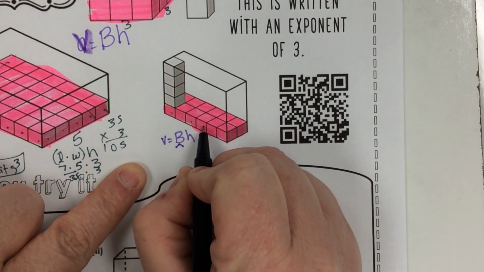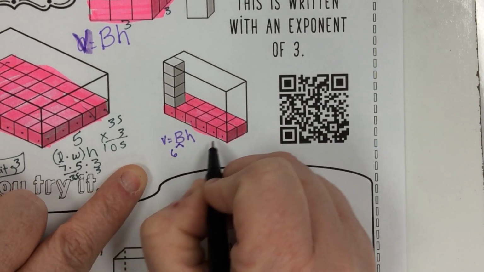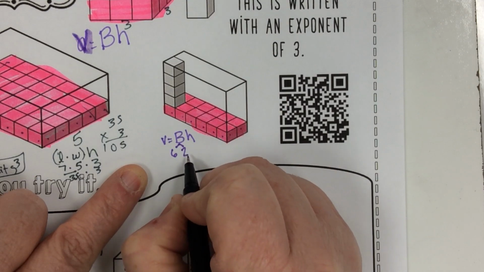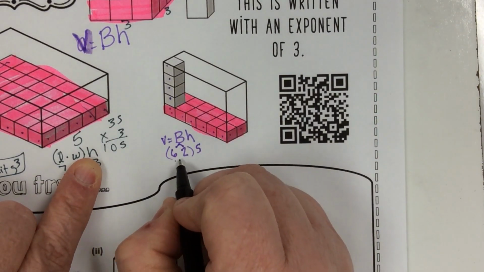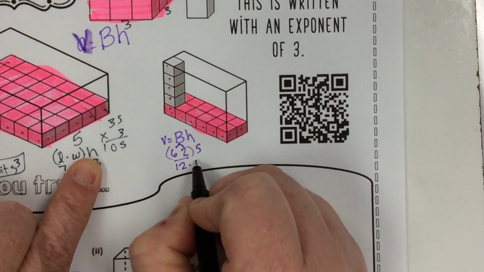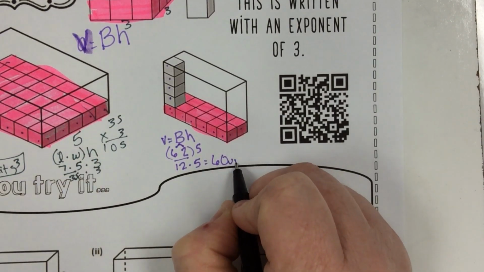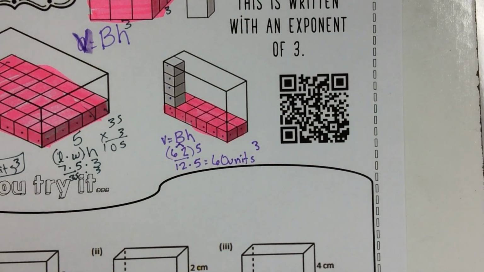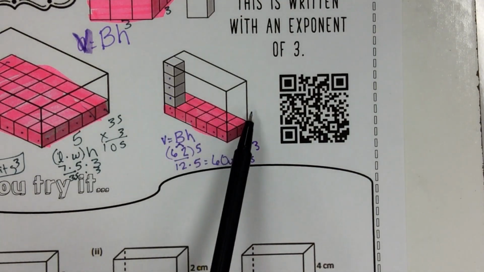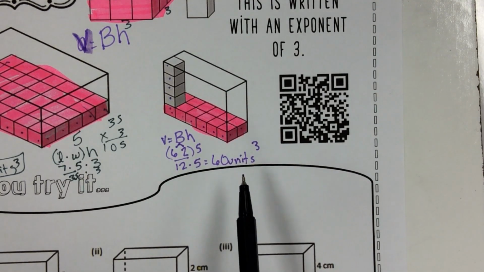So 1, 2, 3, 4, 5, 6 by 1, 2. And then my height is 1, 2, 3, 4, 5. 6 times 2 is 12, times 5 is 60 units cubed. So if I were to fill in this entire little box, there would be 60 little cubes there.